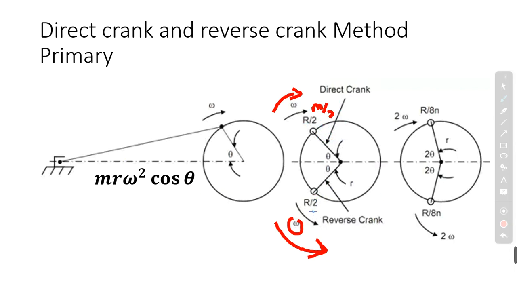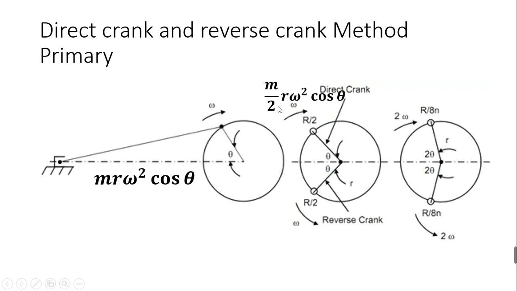See, what will be the force? What will be the centrifugal force if we place a mass at this point? Centrifugal force is equal to m by 2 r omega square, isn't it? And by resolving along the line of stroke, you will get m by 2 r omega square cos theta, isn't it?